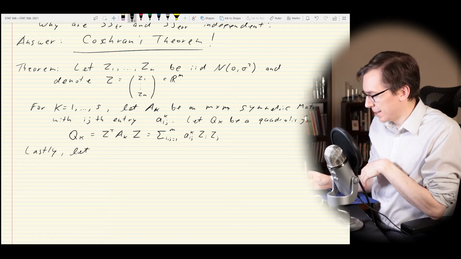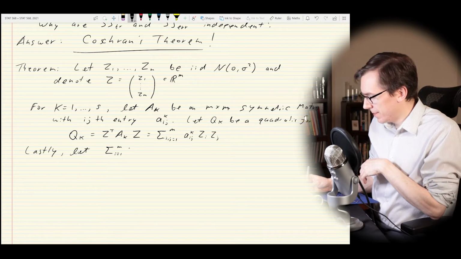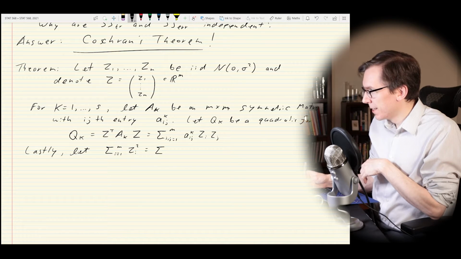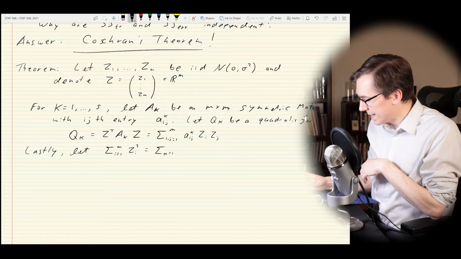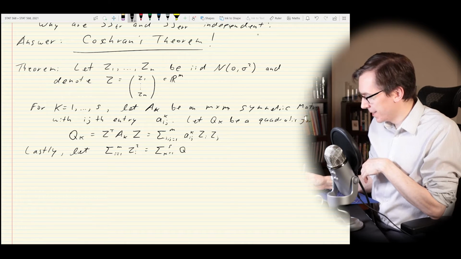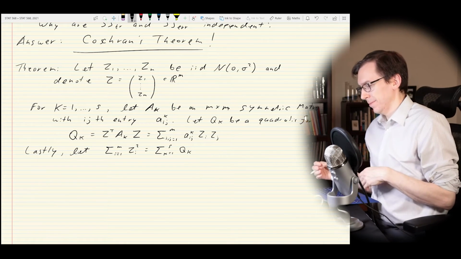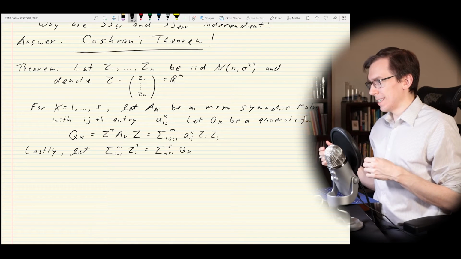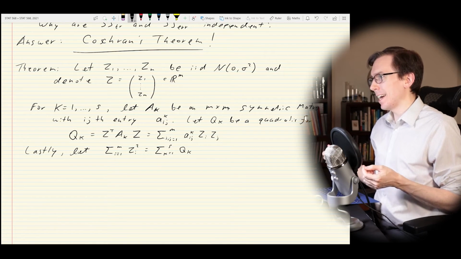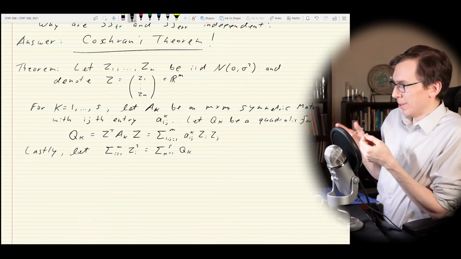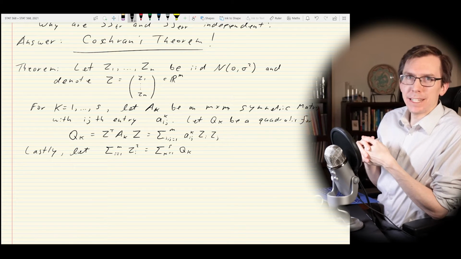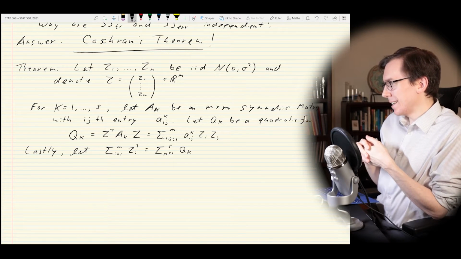Lastly, we let the sum i from 1 to m of z_i squared be the sum k from 1 to s of the Q_k. All right, so what does that mean? It basically means if we sum up all the A's, we're going to get a diagonal.